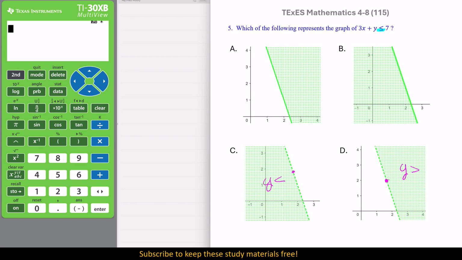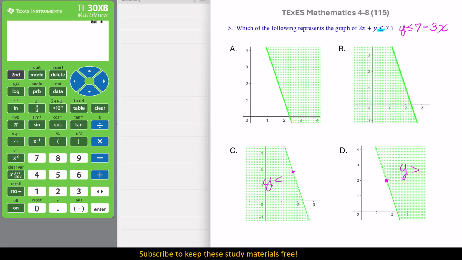That being said, now let's solve for y-intercept form. And I see y is less than or equal to 7 minus 3x. Well, both of the lines have negative slopes. That doesn't matter.